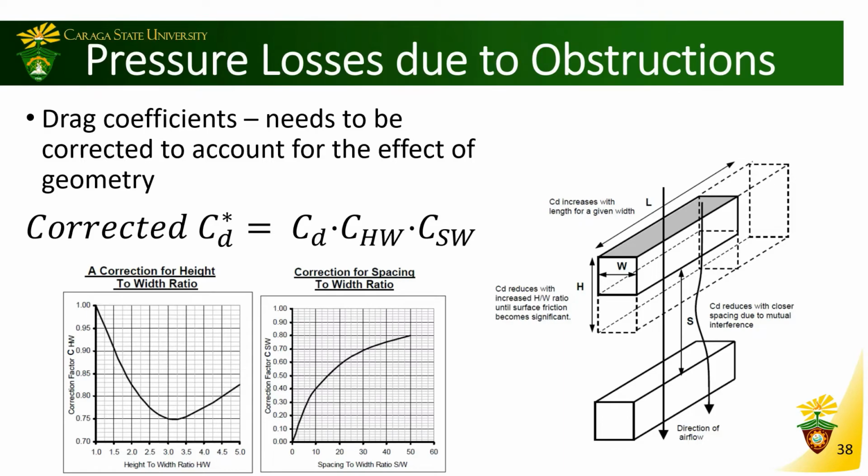So the higher the spacing, the higher the correction for spacing to width ratio. When they are too close together, it is as if you consider them as only one obstruction, because S is too small, like this for example.